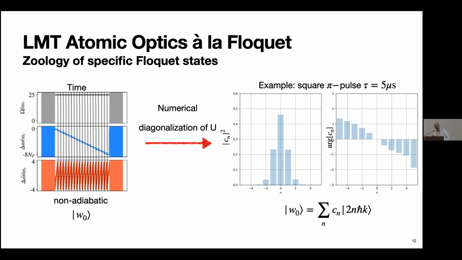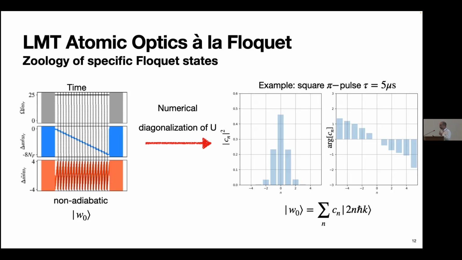And so our Floquet state is determined numerically by a diagonalization of the propagator U. So here, this is our favorite pulse, which is a square pi pulse, with a duration of about 5 microseconds. So you see that it looks like that for the amplitude. This is a projection on the momentum state. And you have also this phase, which is different from the Bloch state that you might be used to seeing.